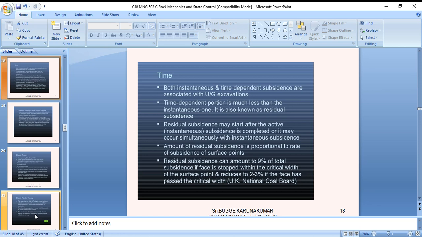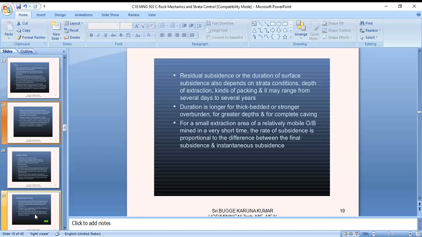The amount of residual subsidence is proportional to the rate of subsidence of the surface points. Residual subsidence can be 9% of total subsidence if the face is stopped within the critical width of the surface point, or reduced to 2 to 3% if the face has passed the critical width.